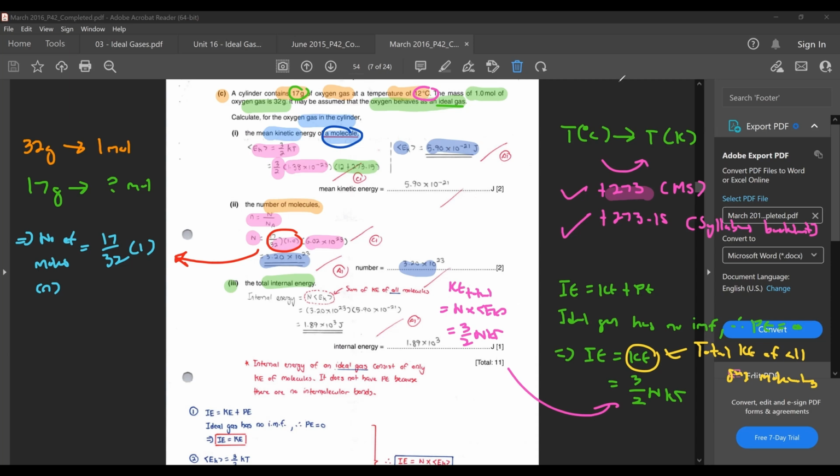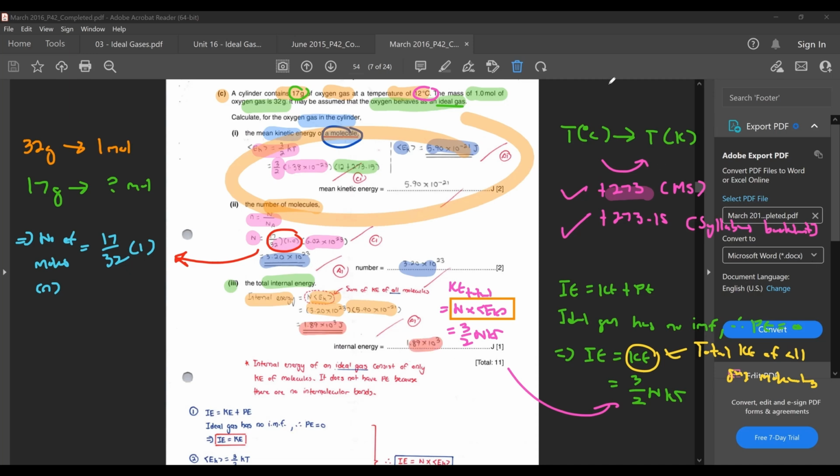All right. But here you can actually just use this one only now, because you already found out your Ek value from here. Okay. So your internal energy is going to be N times Ek. Your number of molecules is 3.2 times 10 power 23. Your kinetic energy of a molecule is 5.9 times 10 power minus 21. Your final answer will be 1.89 times 10 power 3 joules.